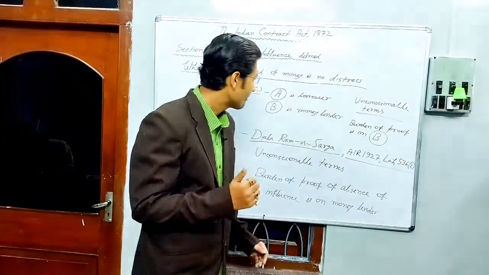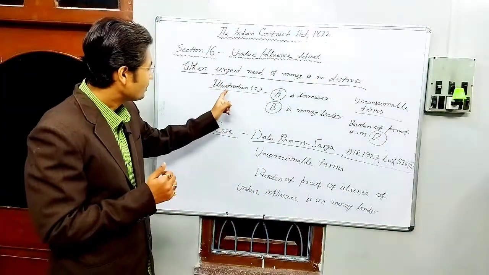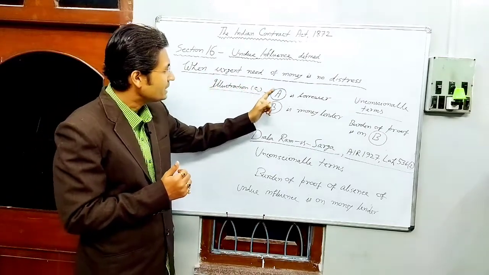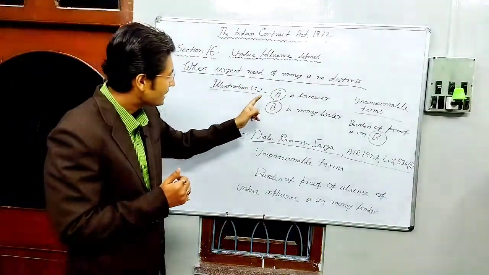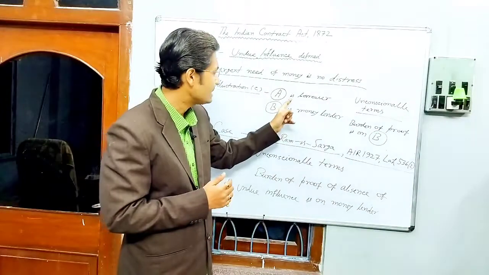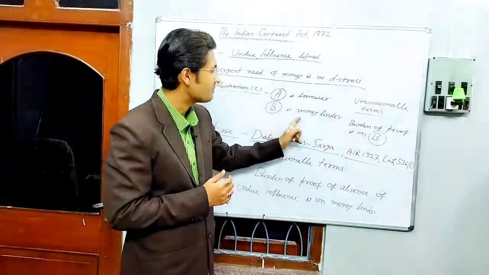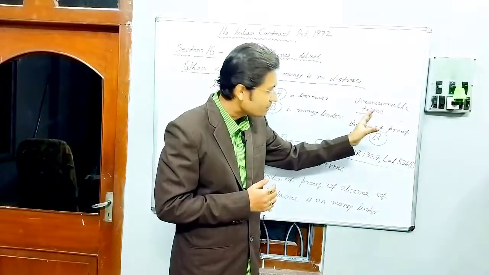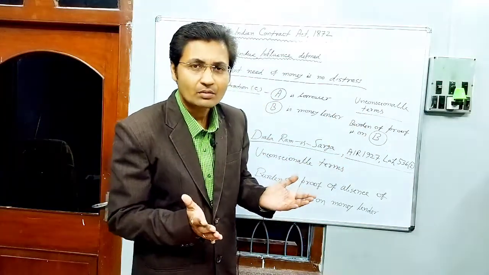So, let us have a look at illustration C, that when there is urgent need of money, there is no distress. Here A is the borrower and B is the moneylender, and some unconscionable terms were there.